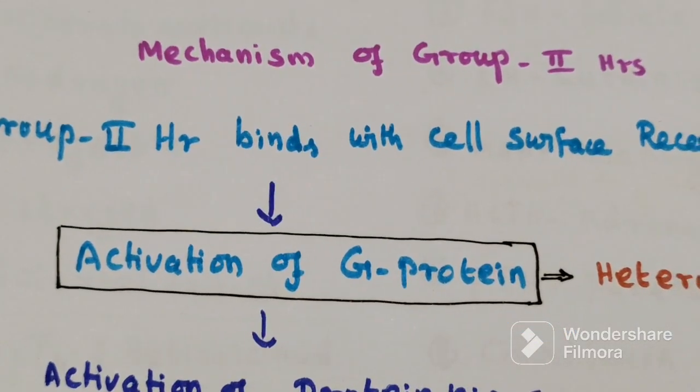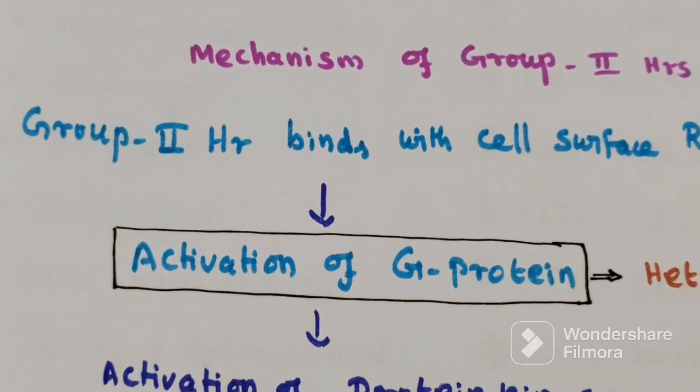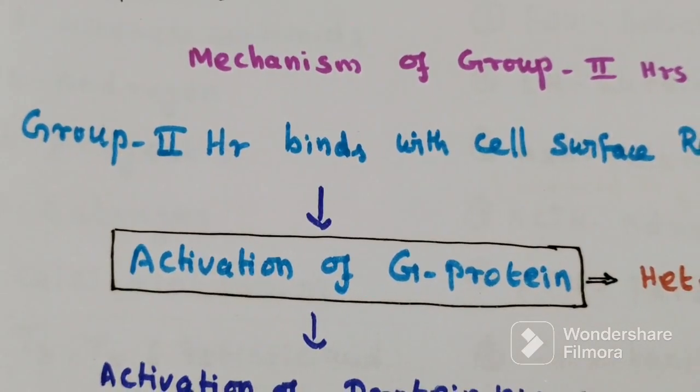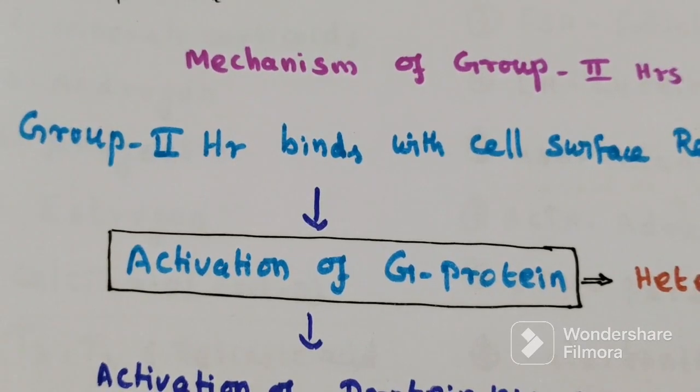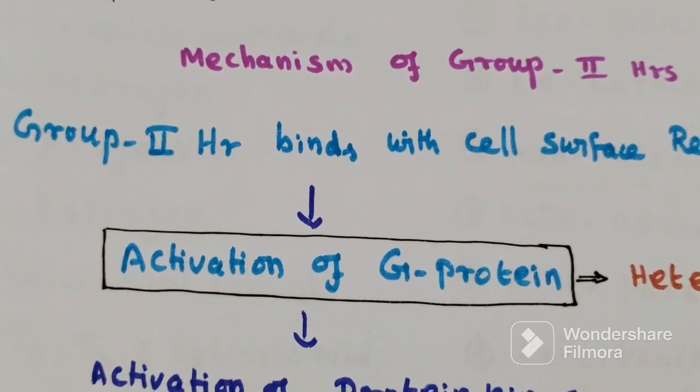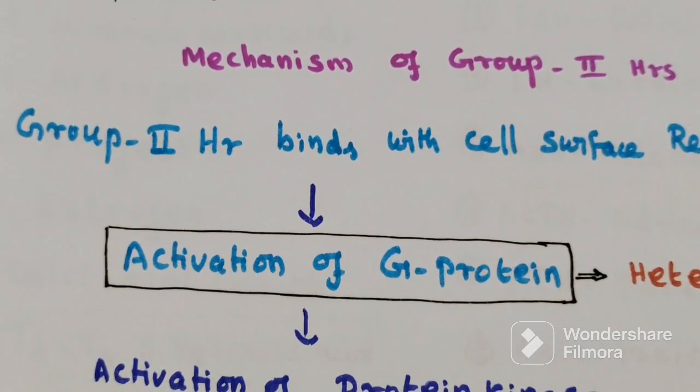Next, the mechanism of group 2 hormones: cyclic adenosine monophosphate, G protein, calcium inositol cascade and insulin action.